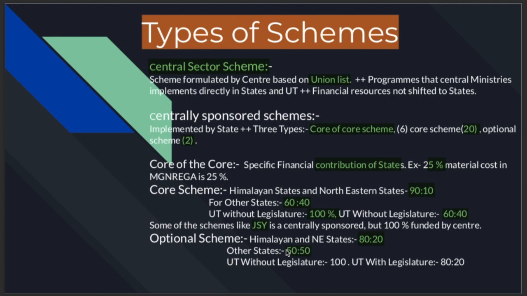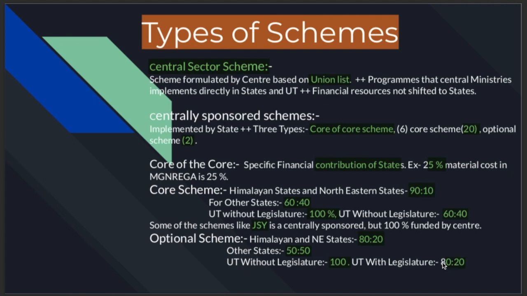And the last is UT without legislature and UT with legislature. Again, for UT without legislature, 100% of the expenditure is borne by the center, and for UT with legislature, the expenditure is divided between the center and the state in the ratio of 80:20. This is broadly the understanding of the different kinds of schemes.